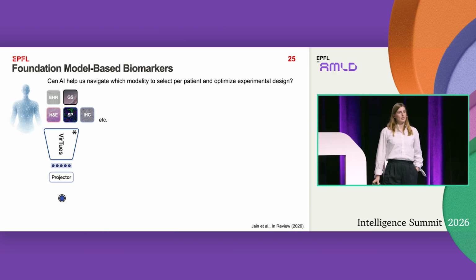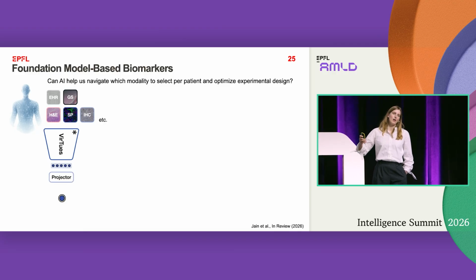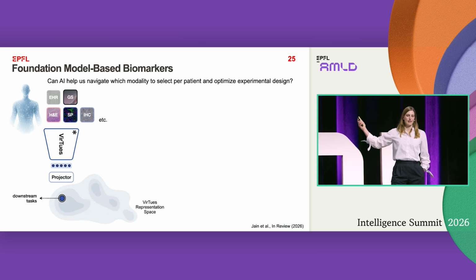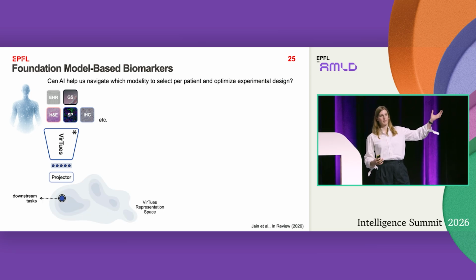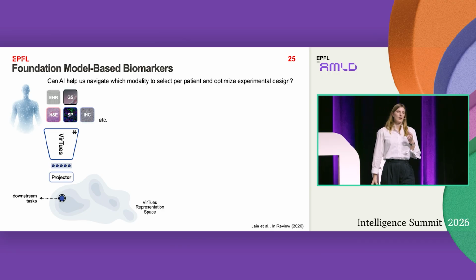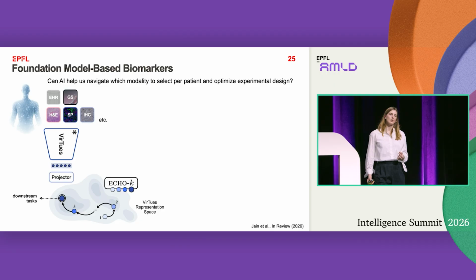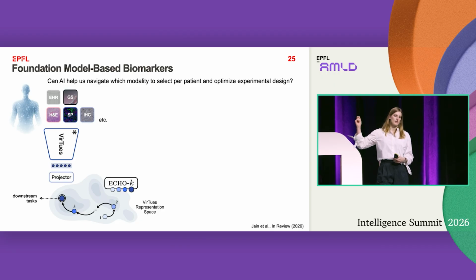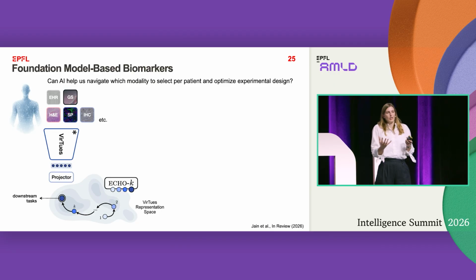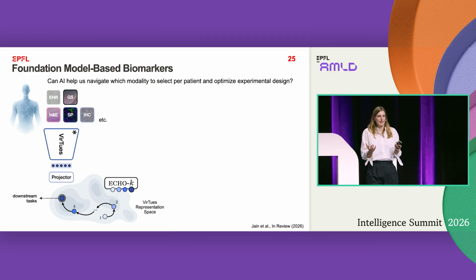Again, we take the virtual tissues platform, but now we have a representation that is good enough for many different downstream tasks. We developed a new test time training system, a test time inference system that allows us to kind of represent what the model knows about its internal state.